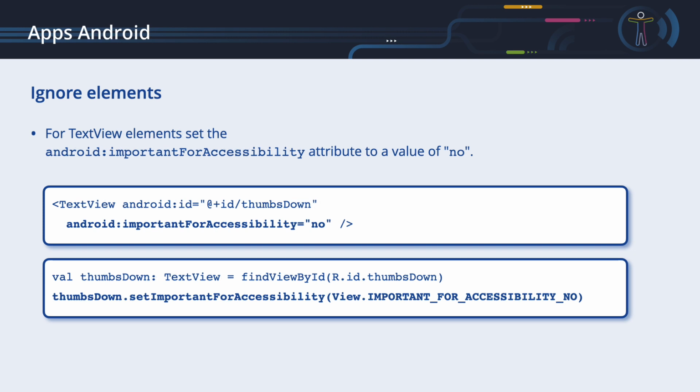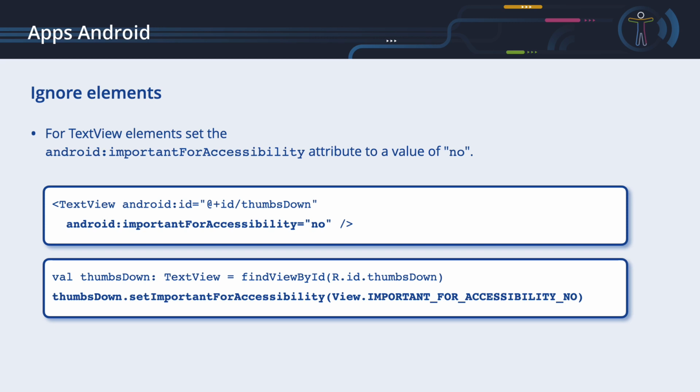As we have seen before, the content description attribute cannot be used for text views. For text view elements, set the Android :important for accessibility attribute to a value of no. Please note that even though our examples have always shown XML layout and Kotlin code, it is sufficient to use only one of them to achieve the desired function.